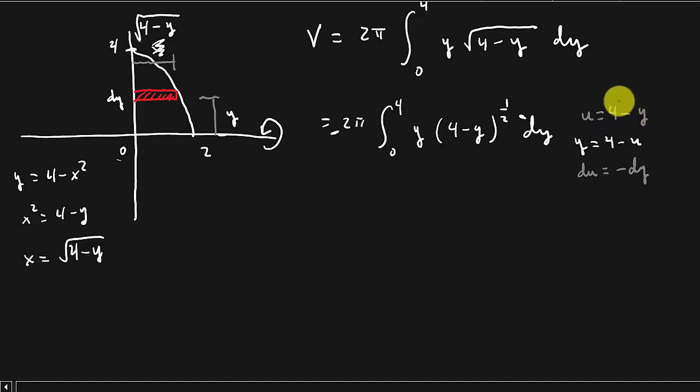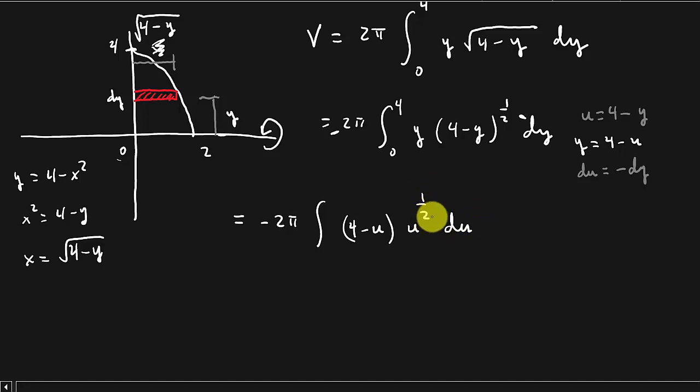If I solve this right here for y. And so this is going to give me negative 2 pi, and that's going to be 4 minus u times, and look at this, the 4 minus y, I'm going to replace that with u. That's going to be u to the 1/2 du.